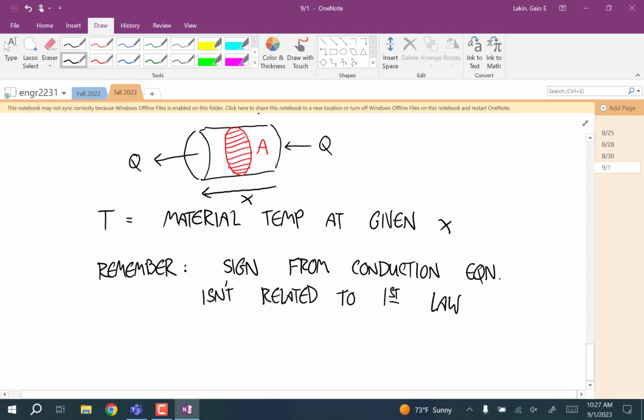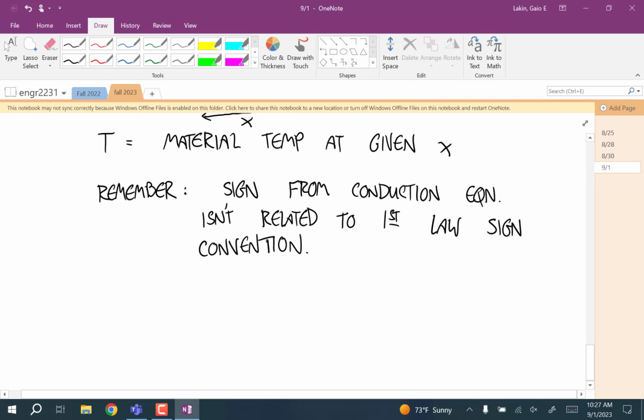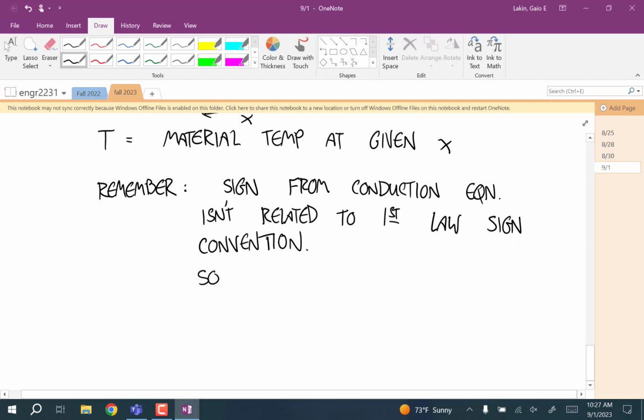So you have to think about, well, it isn't related to the first law sign convention. So just find the magnitude of Q dot. And then apply the first law sign convention.